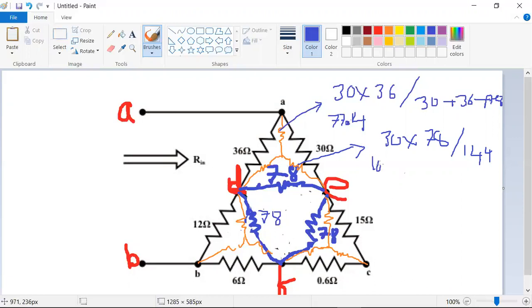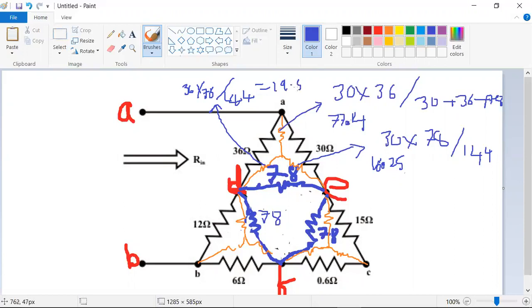The value will be 16.25. What about this? This will be 36 into 78 by 144, that is, 36 into 78 divided by 144. Then your answer will be 19.5.